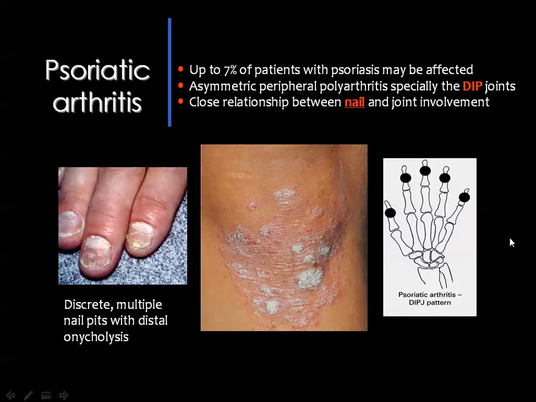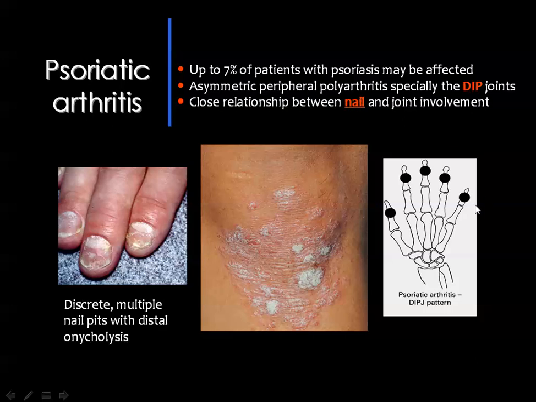You know that psoriasis is a skin and skeletal disease, and about 7% of patients with psoriasis will have skeletal manifestations.